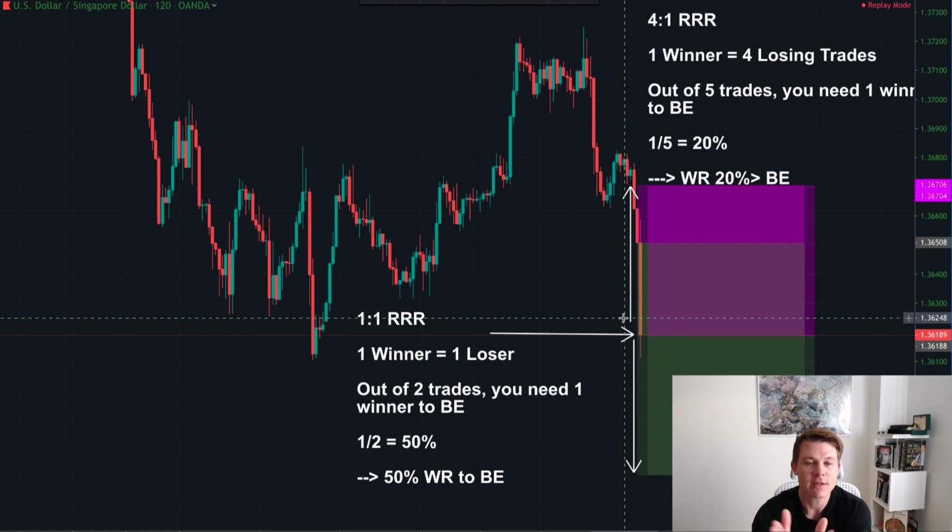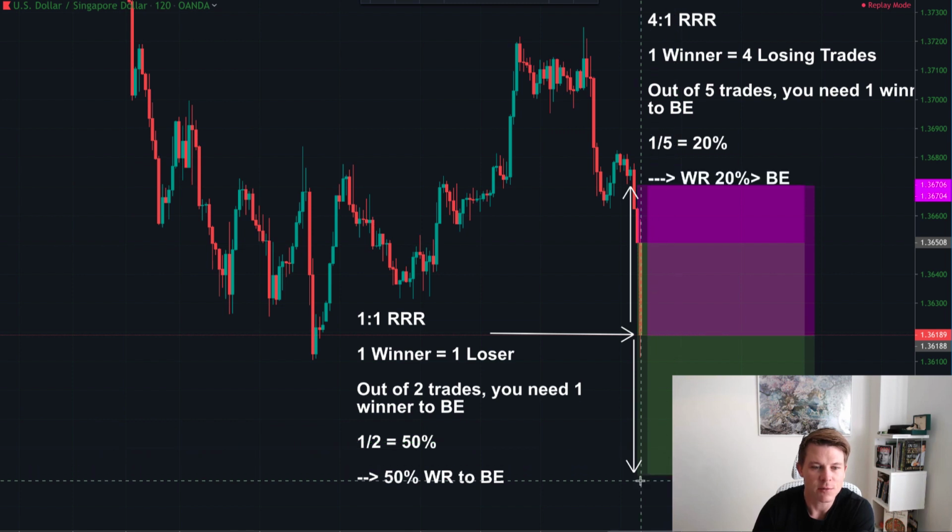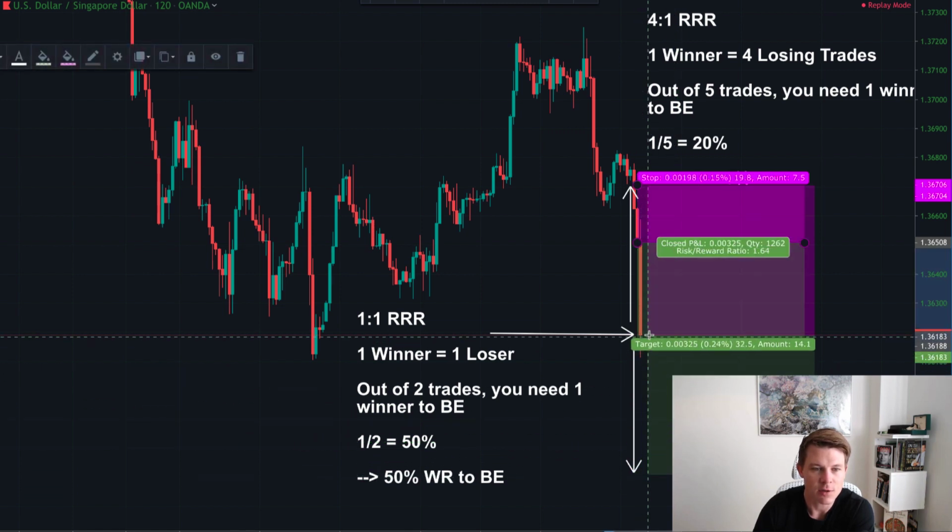And then what many traders do, as you probably have seen from experience, is that you cut your winning trades too early. But what does it mean now? It means that you were shooting for a 4-to-1 reward to risk ratio, and let's look at what it is now.